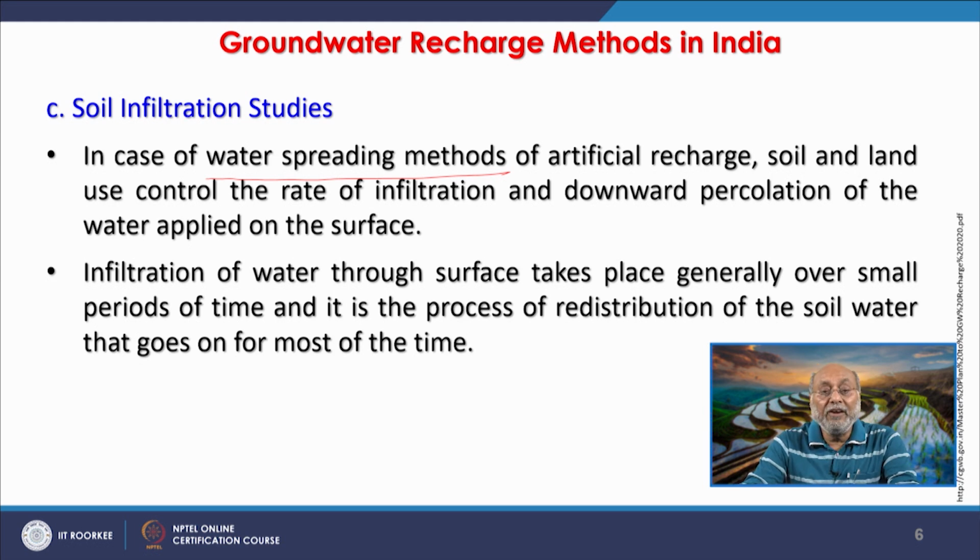Infiltration of water through the surface generally takes place over a small period of time, only when rainfall occurs, and initially that might be high, but later on it reduces quite significantly. So, it is the process of redistribution of soil water, and most of the time the water goes as surface runoff.